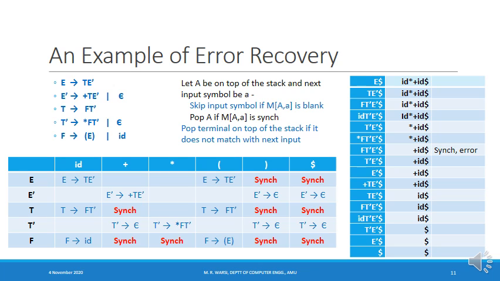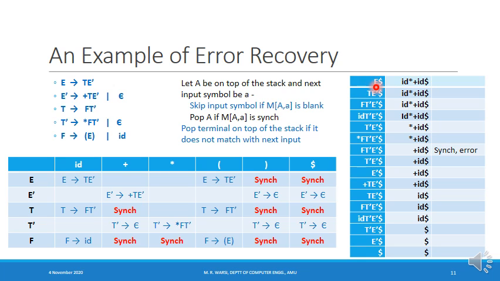Let's now take the example of an incorrect string and do the parsing for the string. The string that we have taken is this one, id star plus id, and there is an error in this string. So I place this string in the input buffer, and this is the content of the stack.